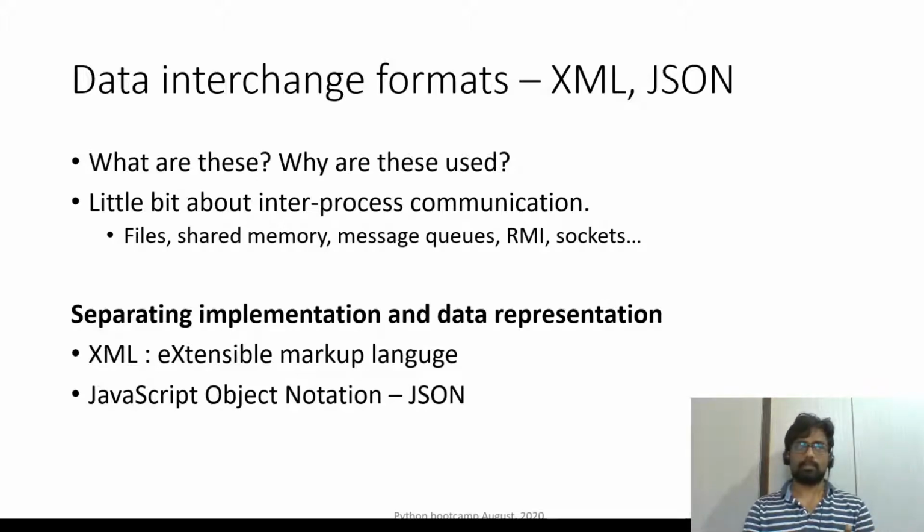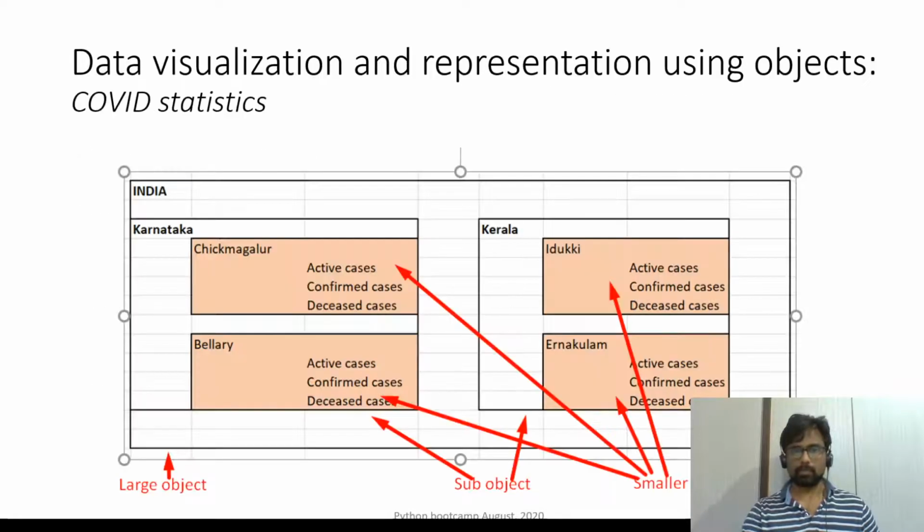You can represent an object using XML or JSON. There are several other data interchange or data exchange formats, such as YAML, HTML, and all these things. Okay, so that is about data exchange formats.